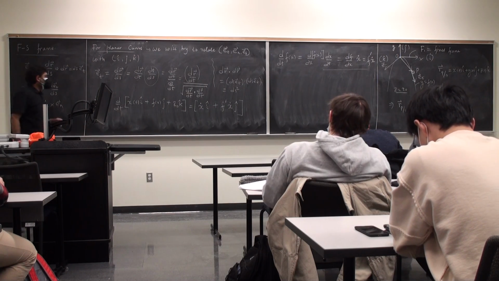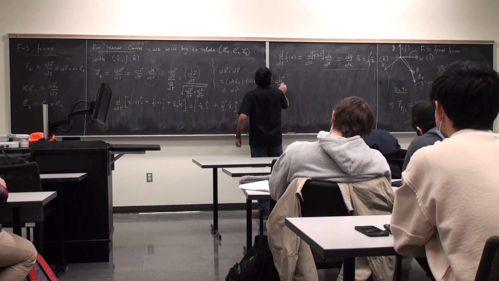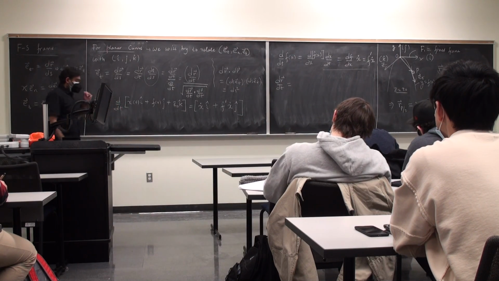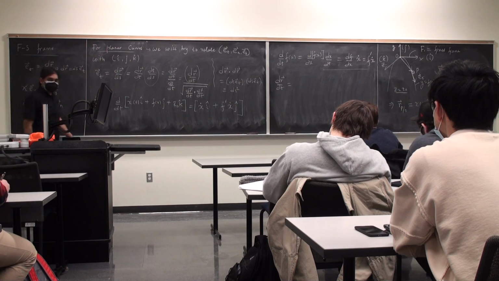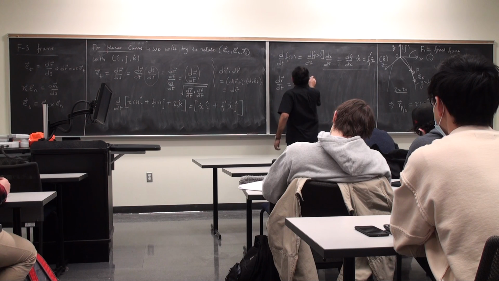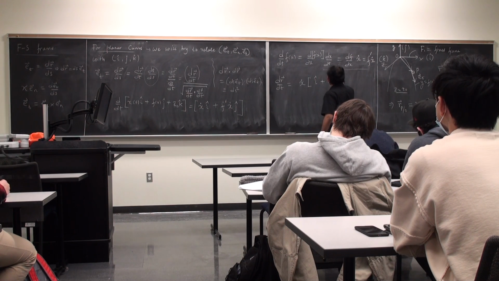So dr by dt, watch this. x dot is a common factor, so pull that out. So this is going to be x dot times i hat plus f prime j hat.